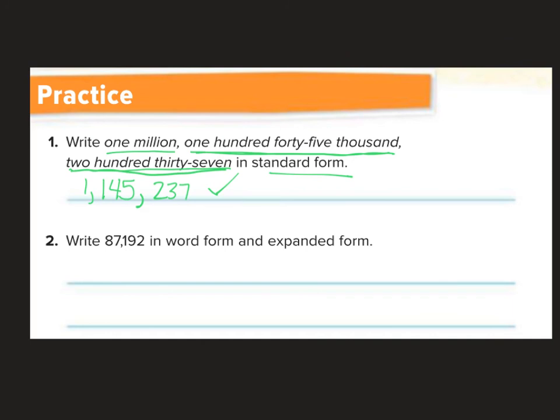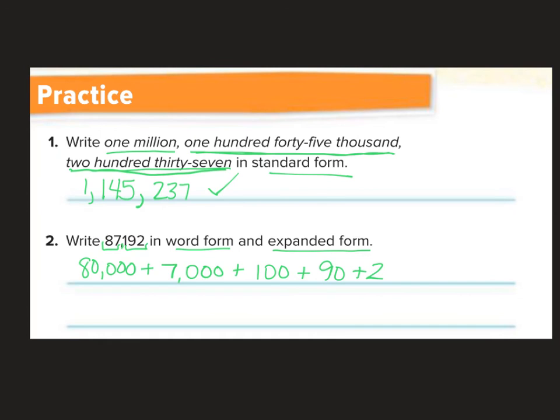Now they want us to write 87,192 in word form and expanded form. I'm going to do expanded form first. So we have first 80,000 plus 7,000 plus 100 plus 90 plus 2. Okay, there's our expanded form.